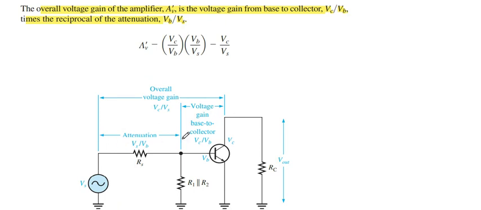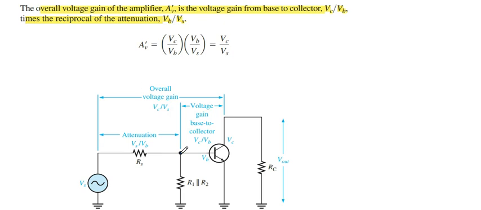This is our attenuation at this stage, and from this point to the collector point the voltage gain is equal to this. Overall gain is the multiplication of attenuation and voltage gain, and we get the result Vc over Vs. Vc is the collector voltage and Vs is the input voltage.